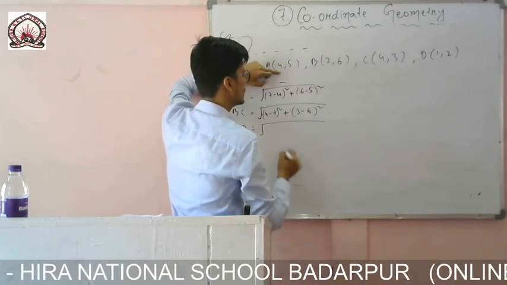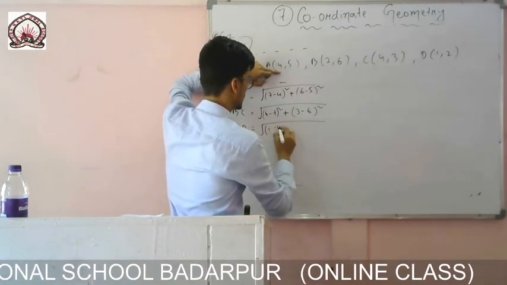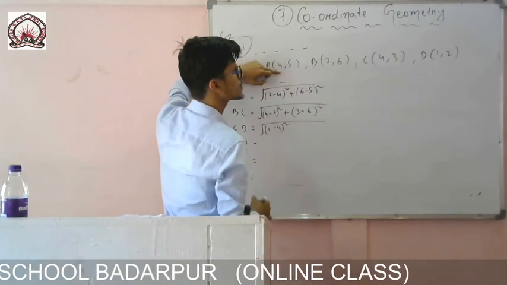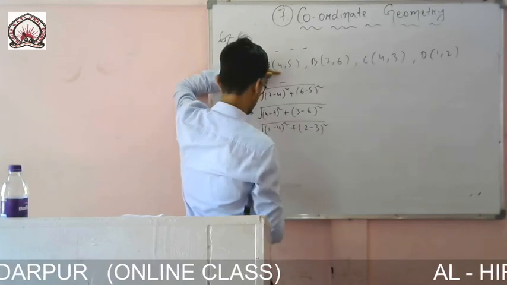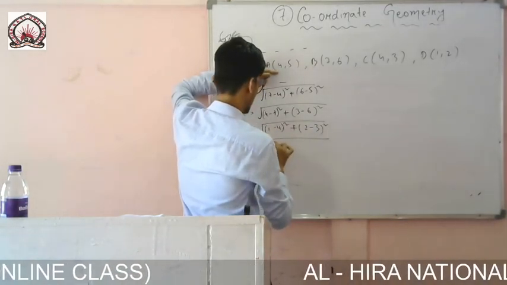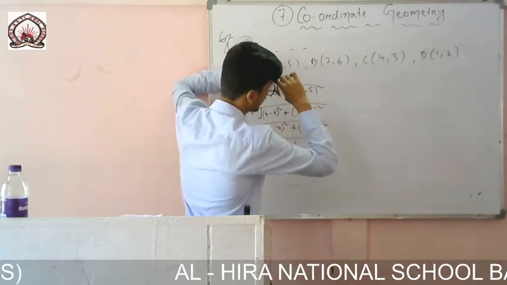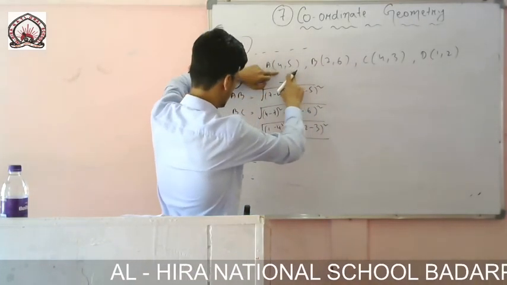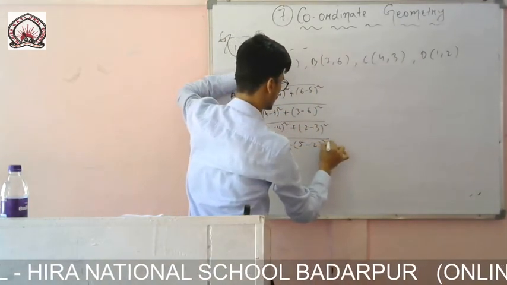CD will be (1 minus 4) whole square plus (2 minus 3) whole square. Then DA will be (4 minus 1) whole square plus (5 minus 2) whole square.